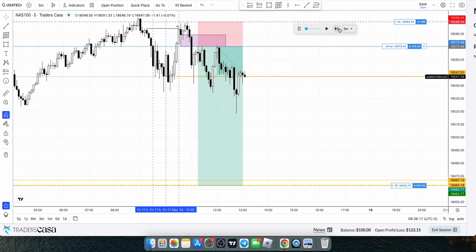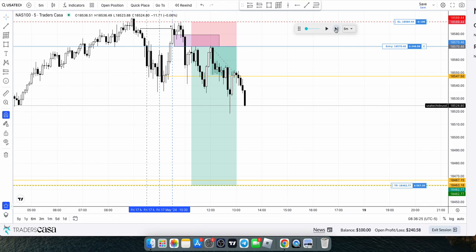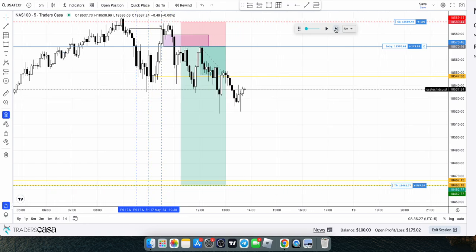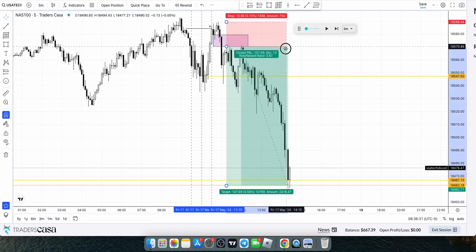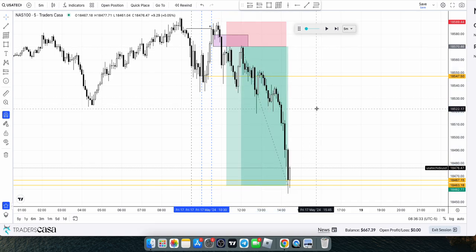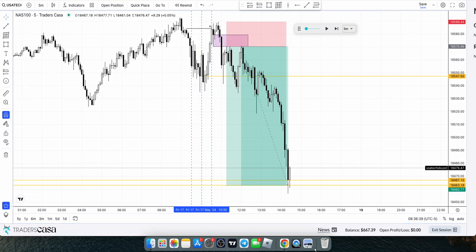But yeah, as you can see, this is the opening 4-hour candle price. Hence our price is just chopping around it. But as soon as we break past it, price is all good to go. We then deliver to our TP, and that is 500% gain. Let's get it.